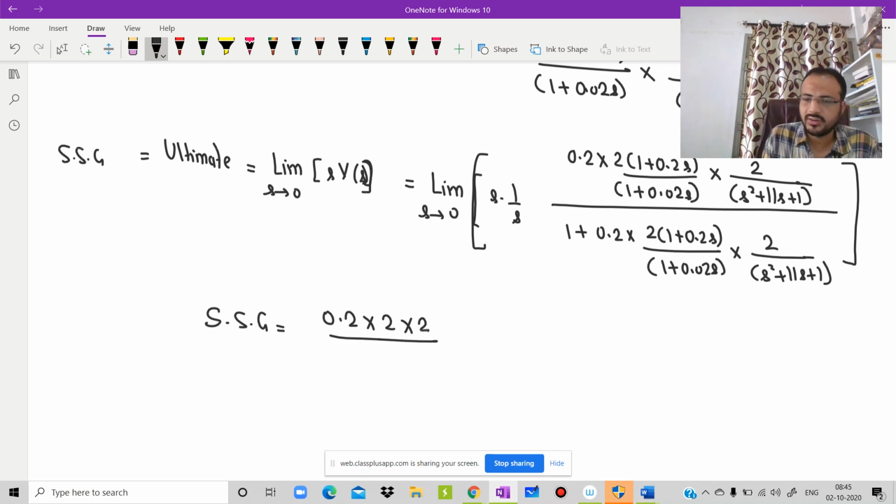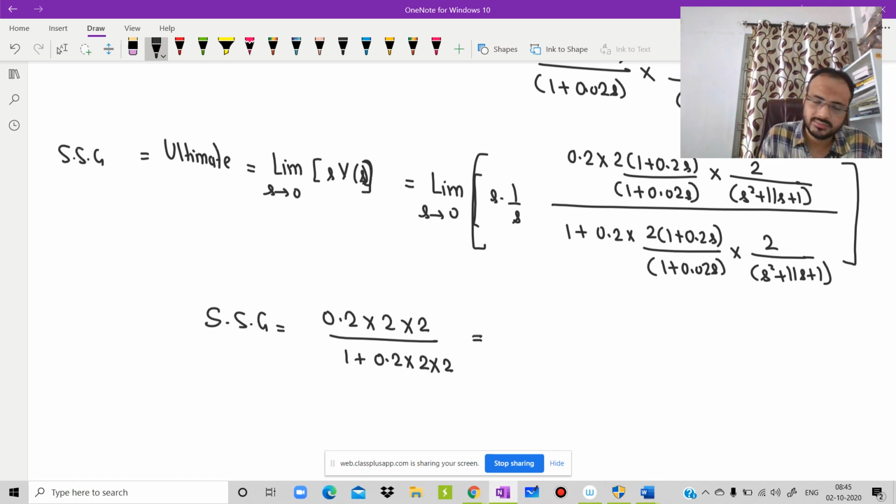In denominator you will get 1 plus 0.2 into 2 into 2.